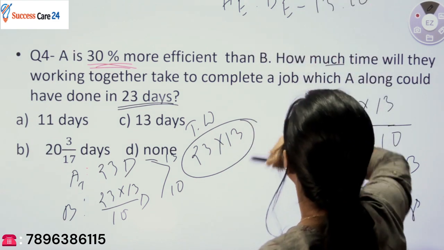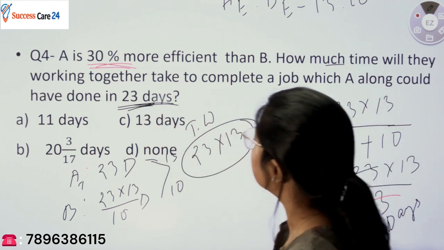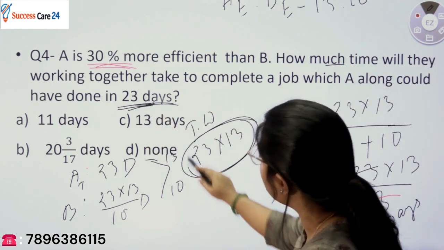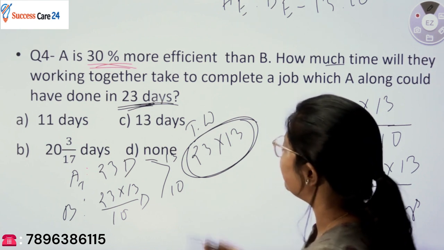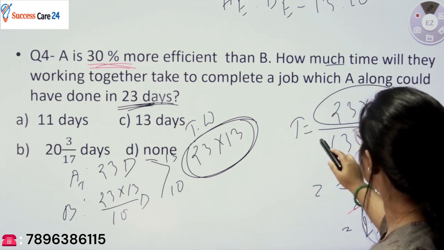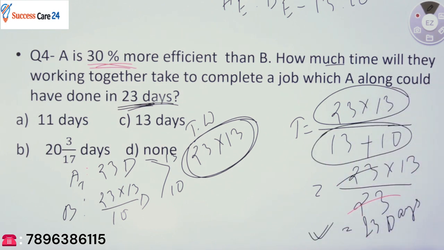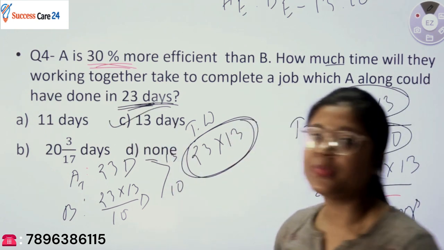From here we equate this ratio to the actual values. Then we get the total work and the actual efficiencies, and after that we just divide the total work by the combined efficiencies of A and B, and we get 13 days as the required answer. So option C would be the correct one.